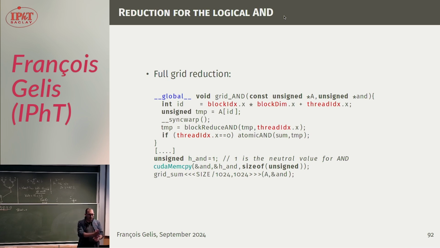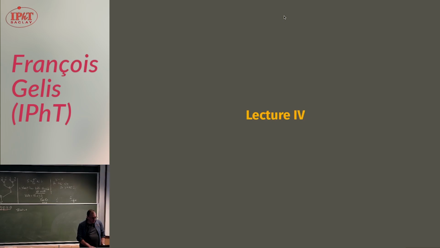You will have as many threads as you have entries in the array, and then each thread will compute this condition for the corresponding entry, and then these functions will compute the logical AND of these conditions to tell you if all the elements in the array fulfill the condition. So I will stop here for today.